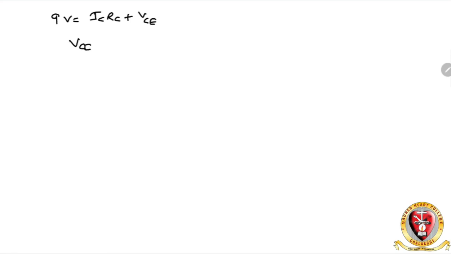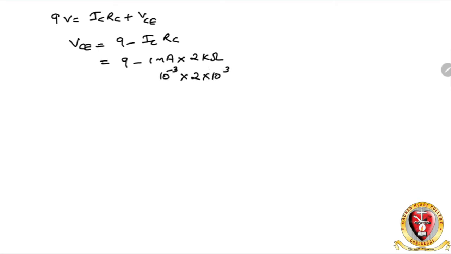So VCE is equal to 9 minus IC RC, that is equal to 9 minus, we have seen that IC is 1 milliampere, into RC, which is 2 kilo ohm. So milliampere and kilo ohm get cancelled, because milliampere is 10 raised to minus 3 and kilo ohm is 10 raised to 3. So it gets cancelled and we will get 7 volt.